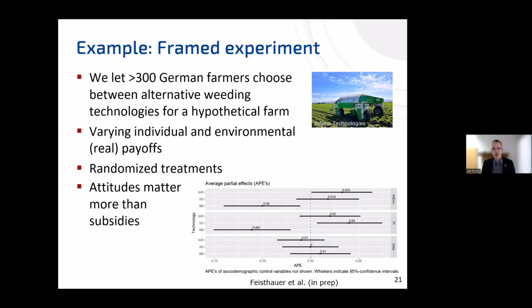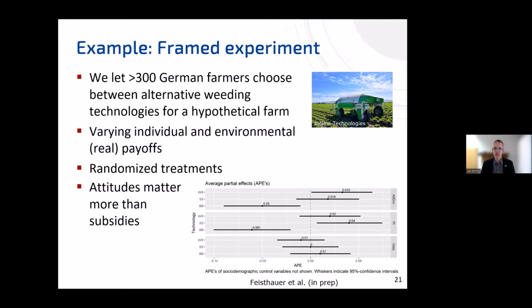Now, what we found is that the subsidy didn't have much of an effect on whether farmers chose one or the other technology. So BB here is broadband spraying, SS means spot spraying, and WR means weeding robot. And you see that here on the right-hand side, the only two factors that really mattered are attitudes toward the environment.